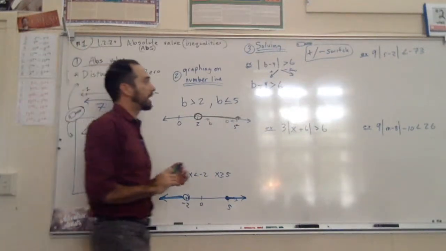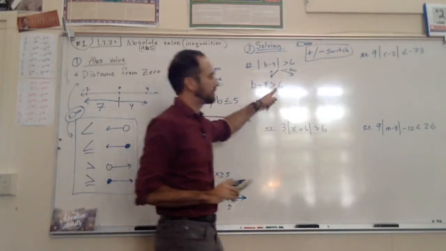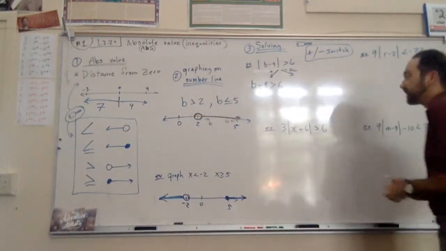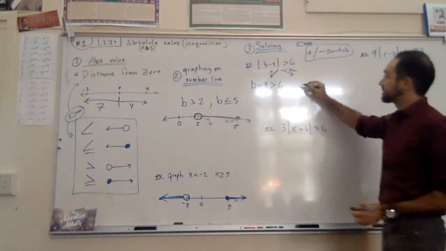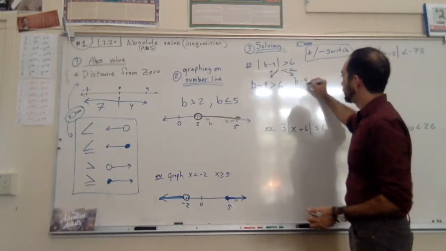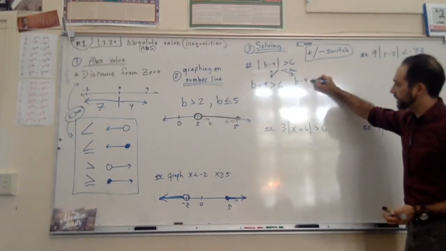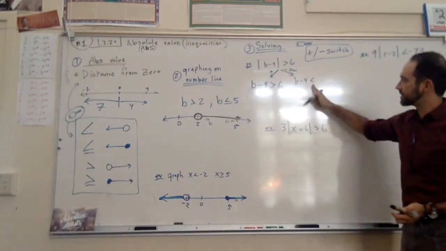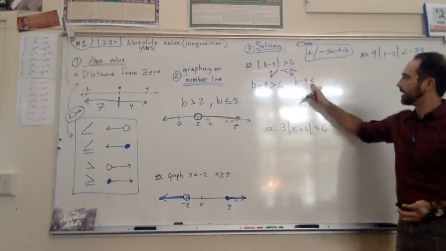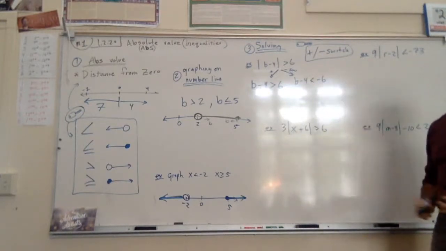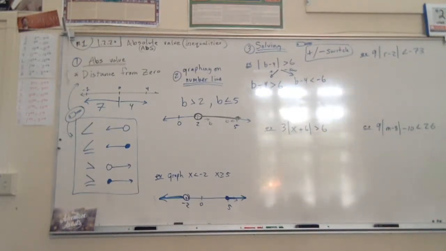It keeps it positive over here. Next, the negative switch. Those absolute values just drop. But watch. We switch, and we make the answer there negative.